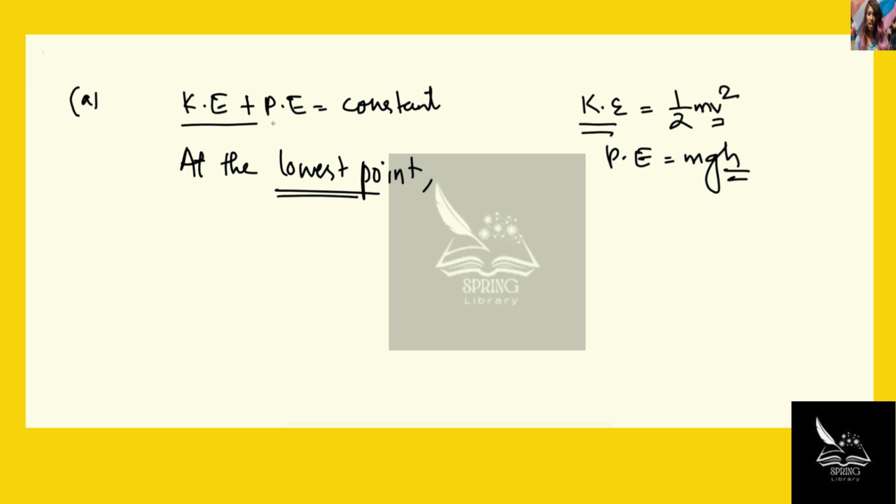And by this equation, because both of them are constants, we can say that whenever potential energy is minimum, kinetic energy is maximum, and vice versa. So, at the lowest point, potential energy is minimum, therefore kinetic energy is maximum. And also at the lowest point, the pendulum moves the fastest, and through that way also we can say that the kinetic energy is maximum at the lowest point.